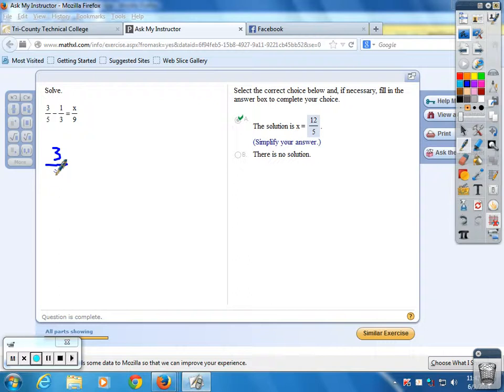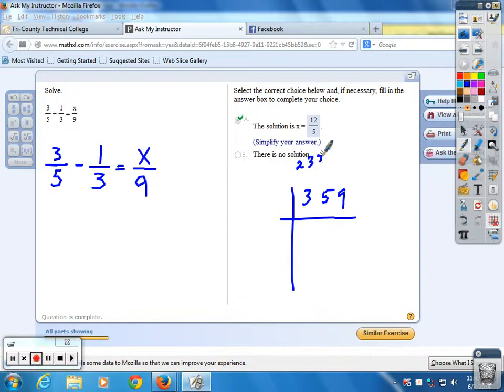This is when you do that handy dandy table. You can: 2, 3, 5, 7, 11, sometimes 13. I'm going to start with 3.